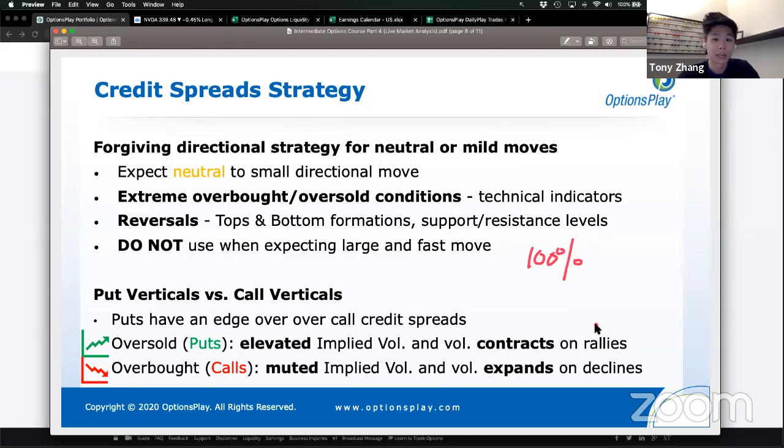But if you only collected less than 1/5 of the vertical spread, so on a $5 wide credit spread, let's say you collected 70 cents, then you want to cut your losses at about 200% of the credit that you received. So credit spreads are a little bit more work in terms of managing them, depending on what type of credit spreads you sell, but there absolutely is a difference in terms of whether you're buying and selling.